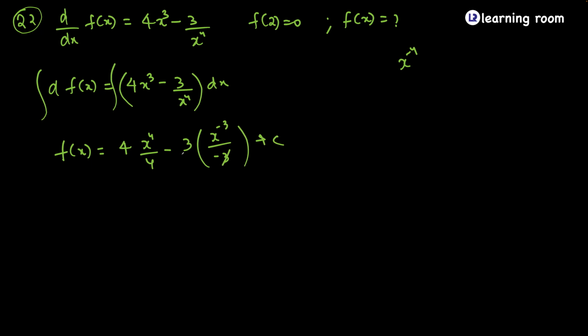So 3 and 3 will get cancelled. Minus of minus will be plus. So 4 and 4 will also get cancelled. So what will you have? It will be x power 4 plus 1 divided by x cube plus c. This is what is f of x.